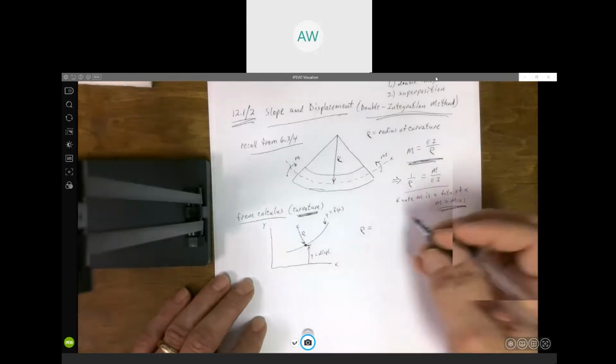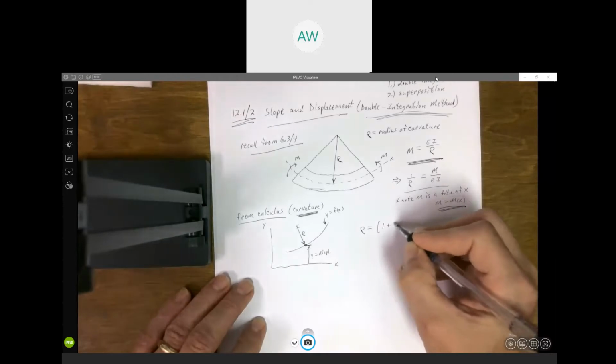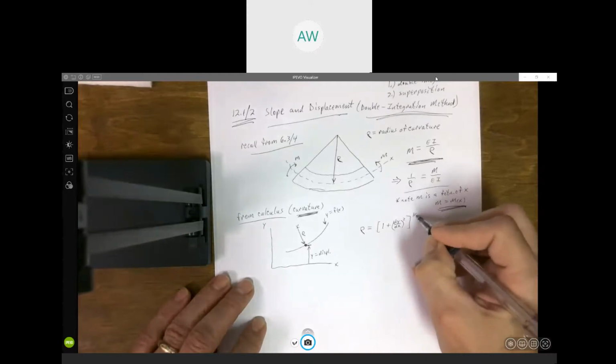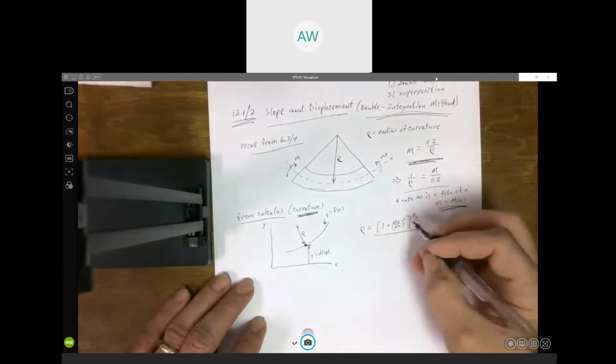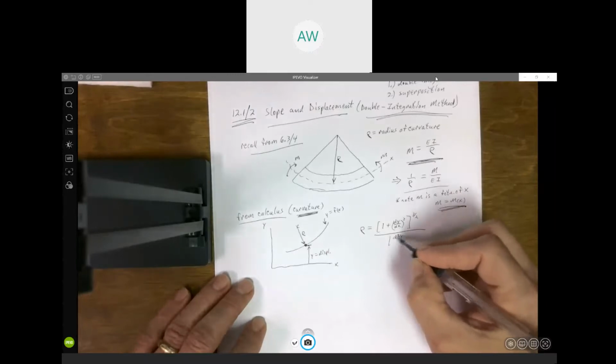I'm not going through and deriving this, but it's 1 plus the first derivative squared, all raised to the 3/2 power, and all that is divided by the absolute value of the second derivative.